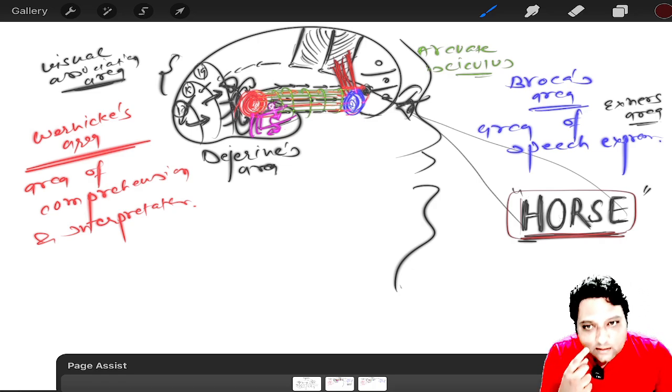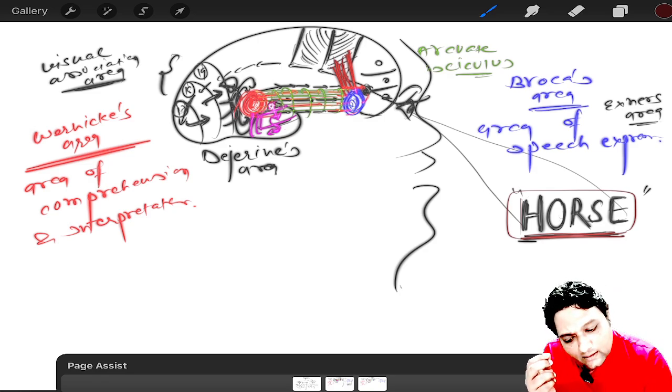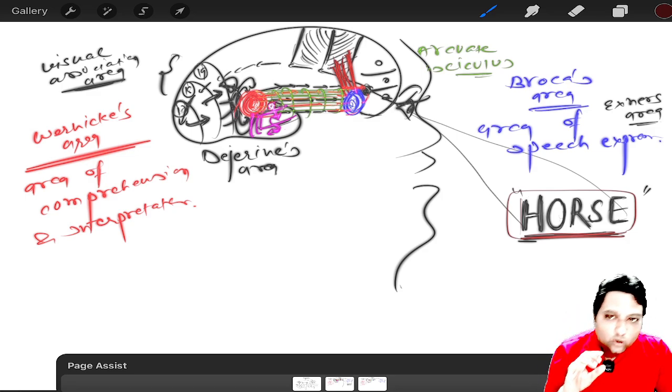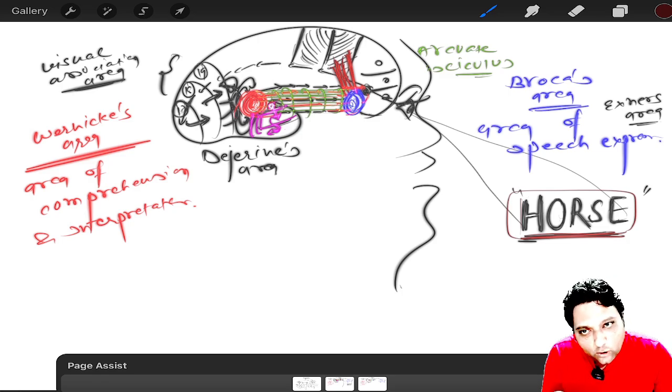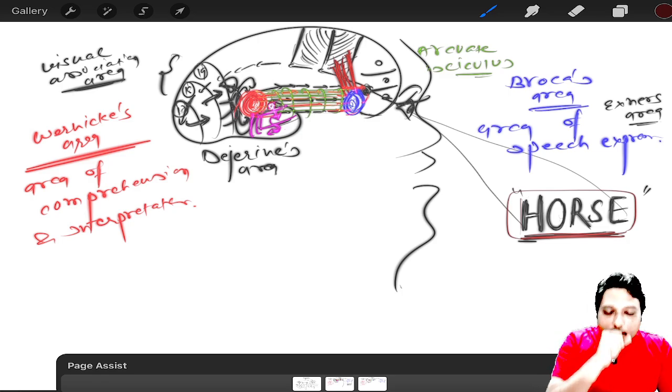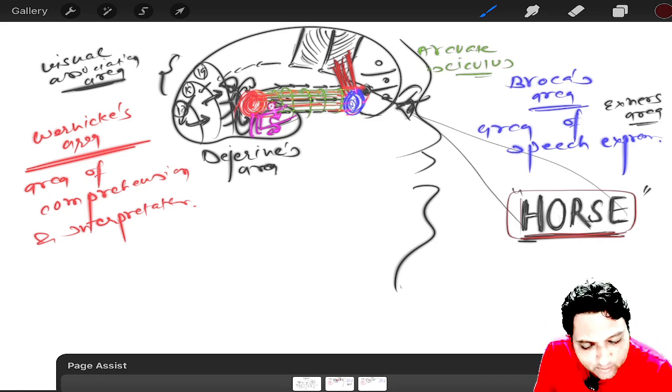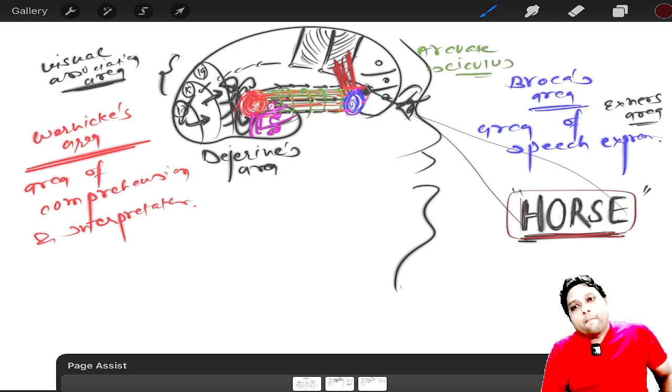If I say some spoken words, rose, that sound is initially received by primary auditory cortex, secondary auditory cortex, and tertiary auditory cortex. And through tertiary auditory cortex, this information goes to Wernicke's area, and from Wernicke's area, information goes to Broca's area and Exner's area.